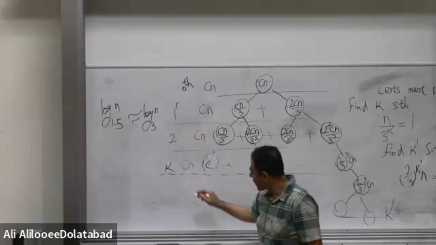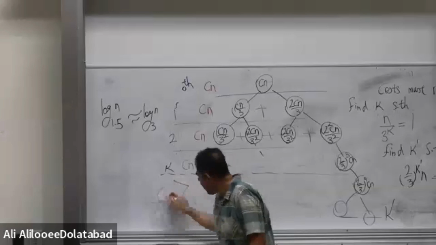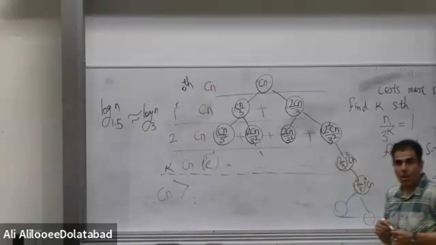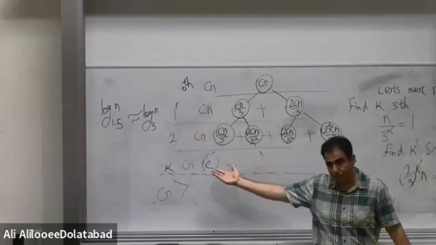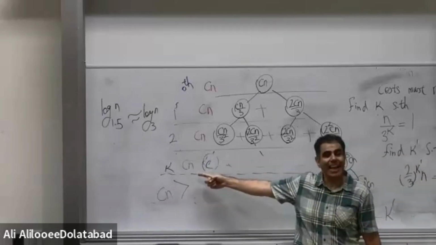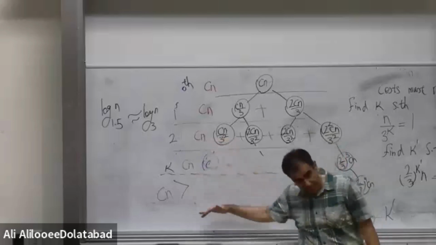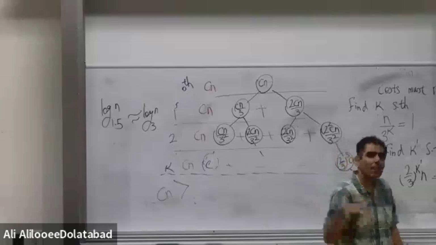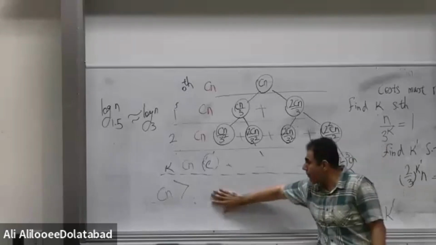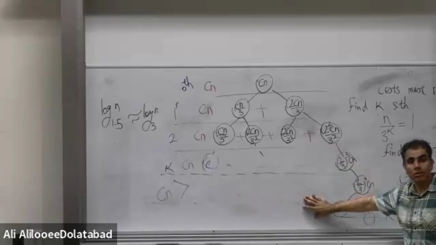Therefore, we can say that after level K, the cost is smaller than Cn. When every node is there, then the cost is Cn. When you pass level K, the cost gets smaller than Cn. How do I know that? Because there are some missing nodes.